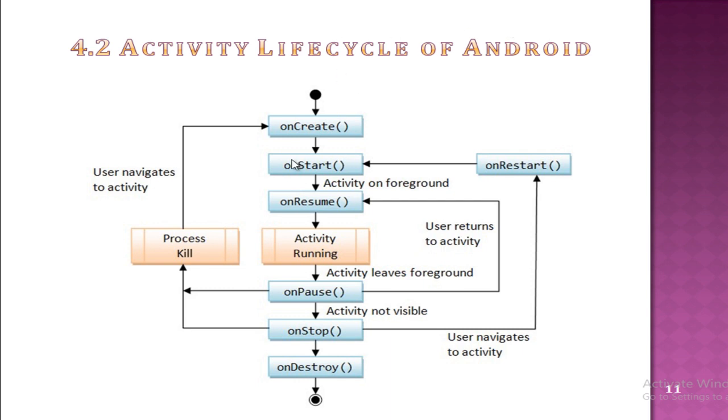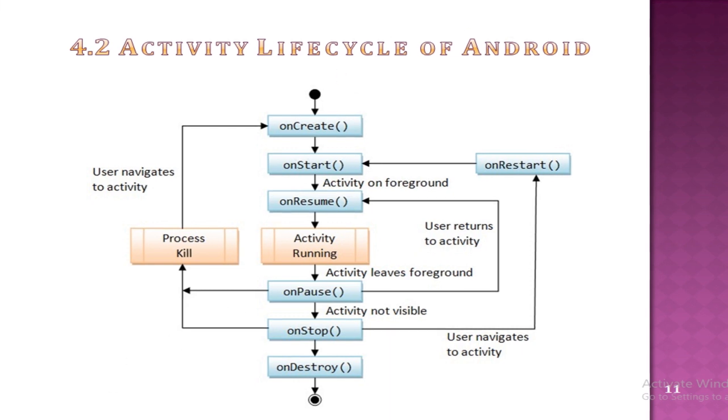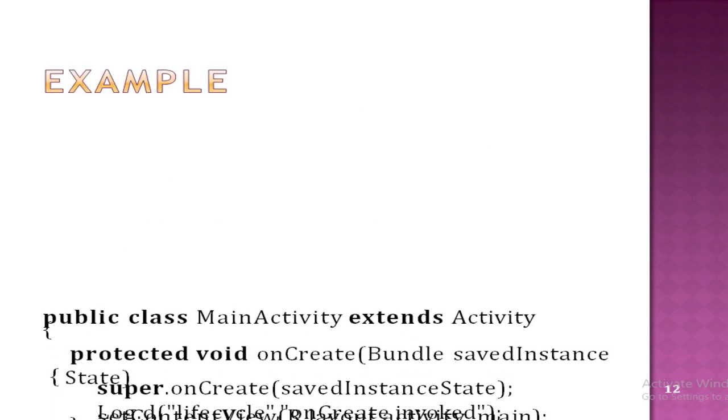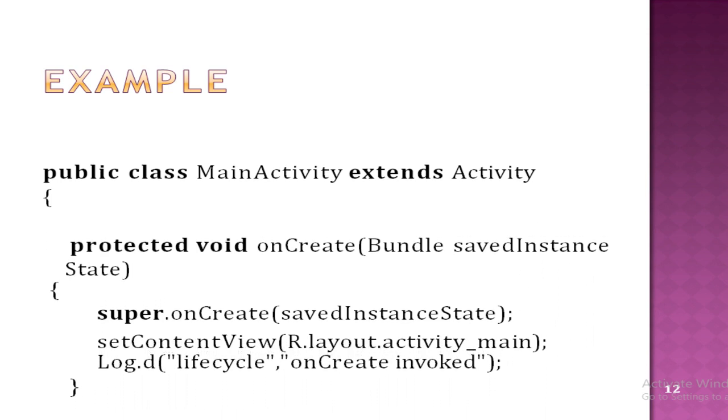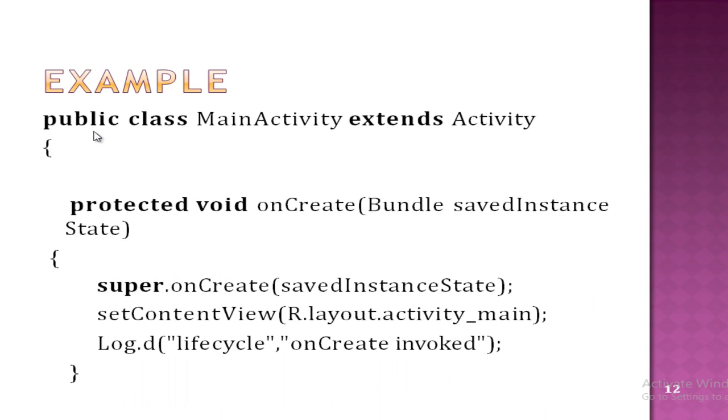Let's see an example of the activity life cycle. Here we have defined one public class, with a name, that extends Activity. First the onCreate method will be called, right?